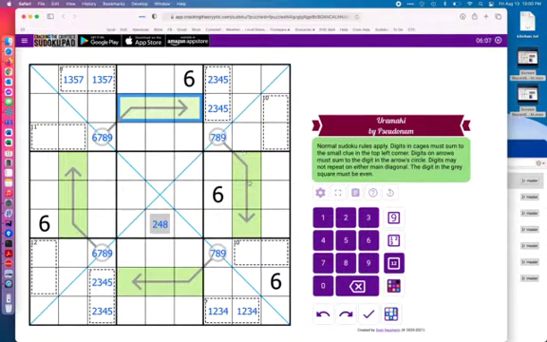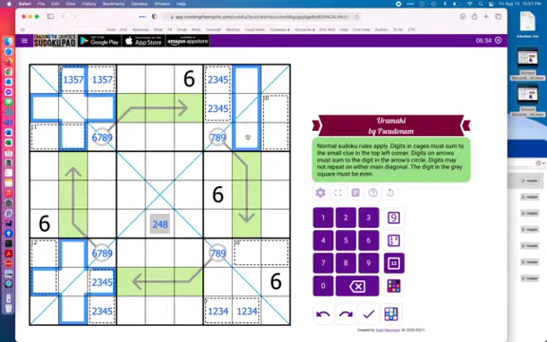So the immediate thing I thought of is, is it possible for all 4 of these to have a 1 in them? Because that would put a lot of pressure on these corner boxes on where the 1 would go. So if all 4 of these green arrows had a 1 in them, the 1s could not go in these highlighted squares.